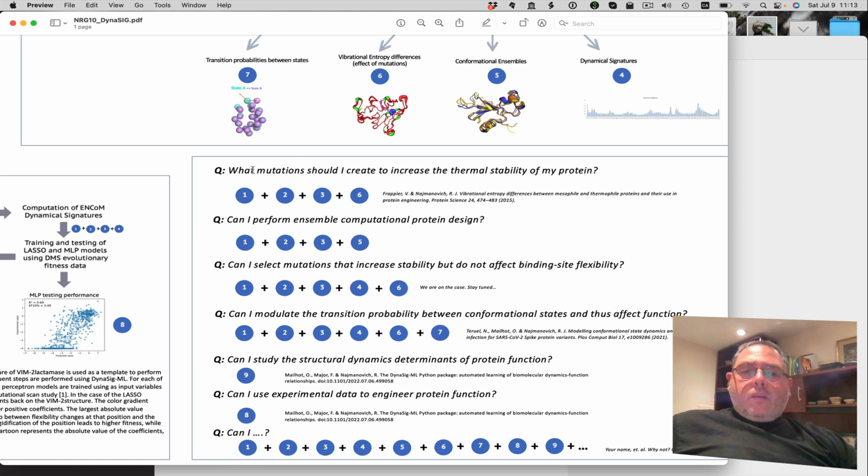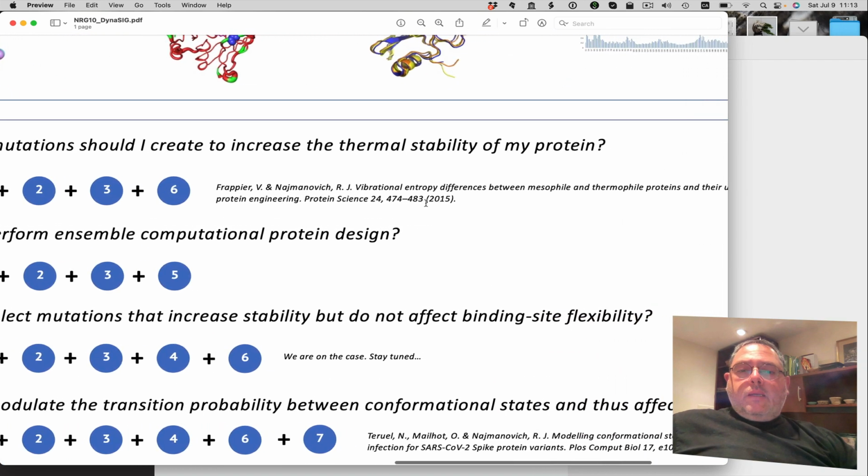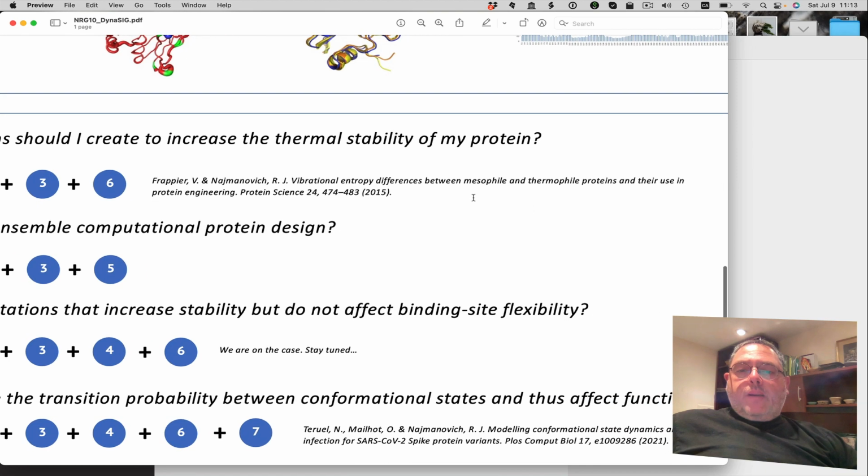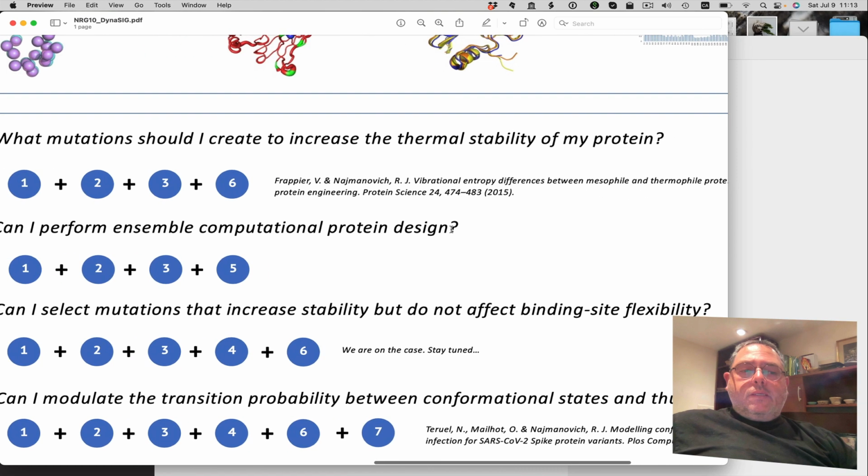So we can use this to increase the thermal stability of proteins. We showed this comparing mesophile and thermophile proteins.